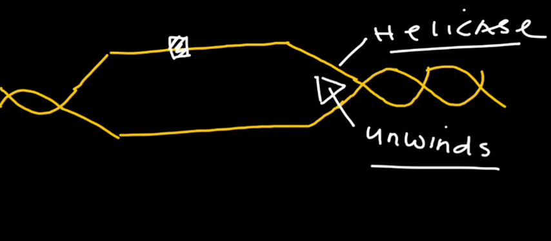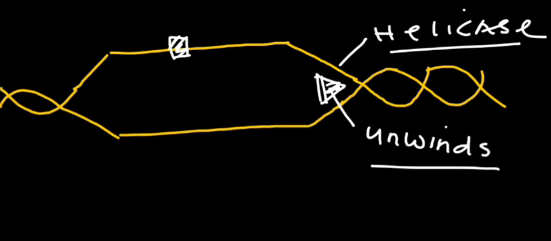It's going to unwind, then separate them. It's going to break the bonds between the bases, or the bonds between nucleotides. This helicase starts from where? From the origin of replication.